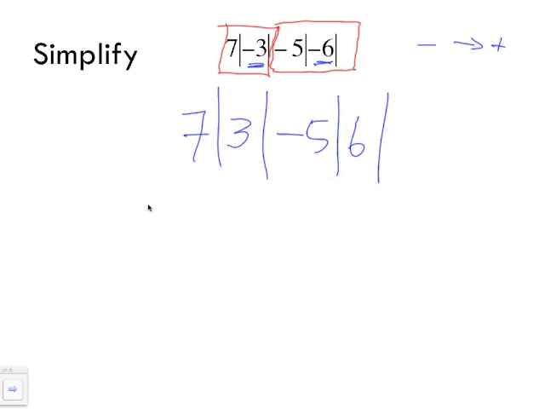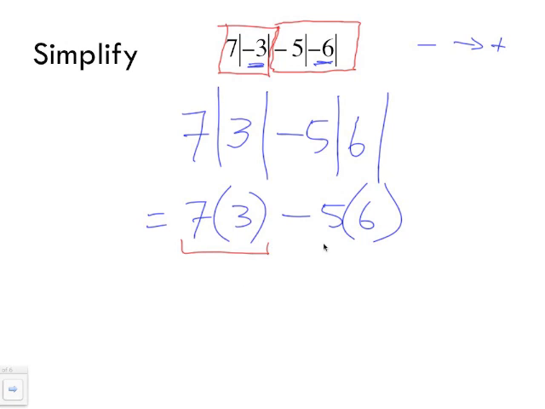We can now replace them with round brackets. So 7 brackets 3 minus 5 brackets 6. So now if we look at it, we've got 7 multiplied by 3, which will give me 21. Negative 5 multiplied by 6 is going to give me a negative 30. So 21 and the negative 30 becomes 21 minus 30, which will give me a value of negative 9.